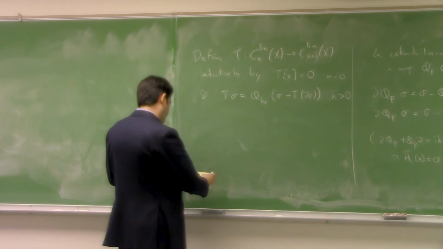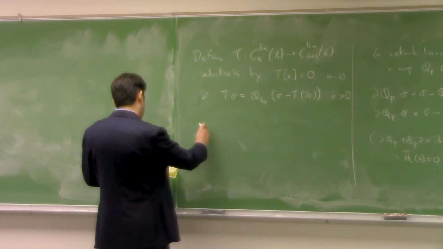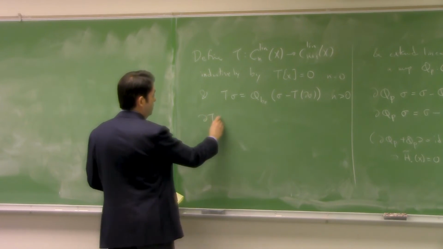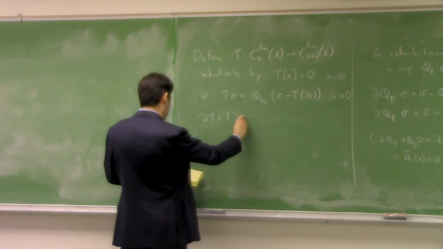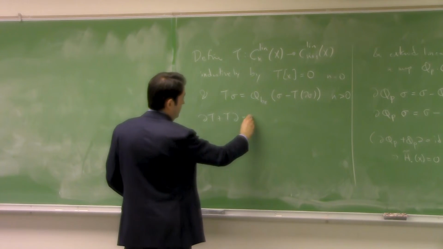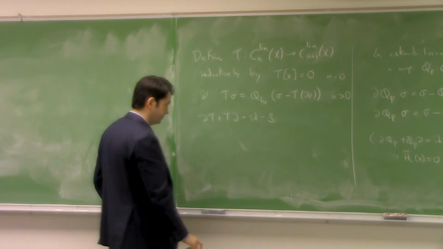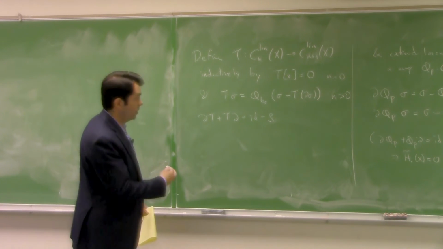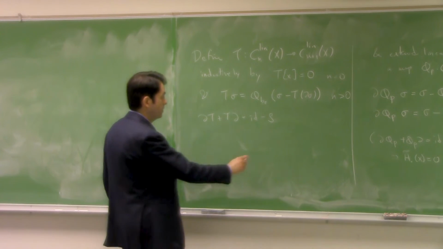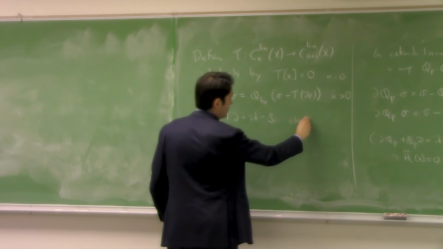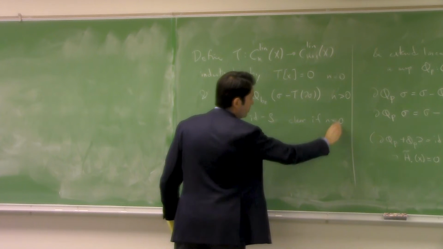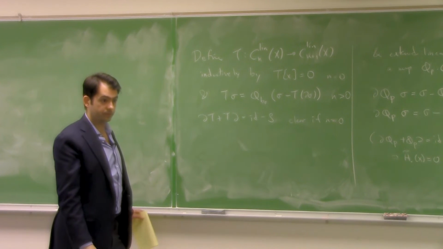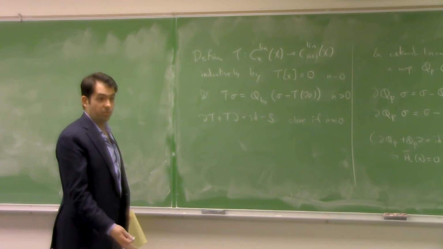Okay, so let's check that boundary T plus T boundary is equal to identity minus S. Again, by induction, this is clear if n is equal to 0, because both sides are 0.